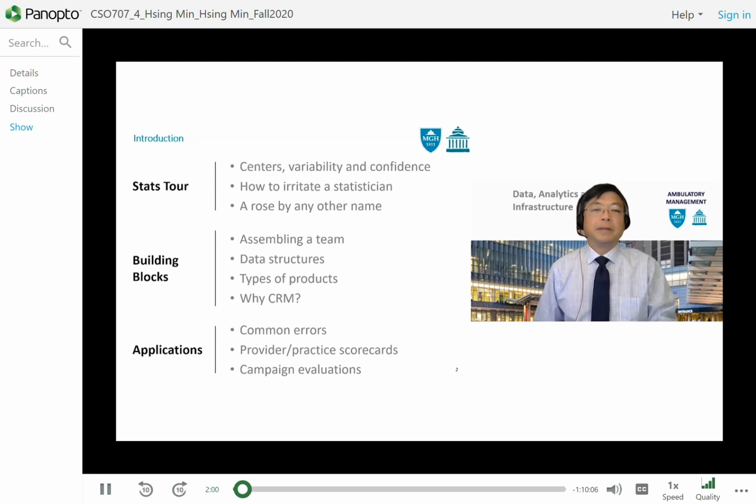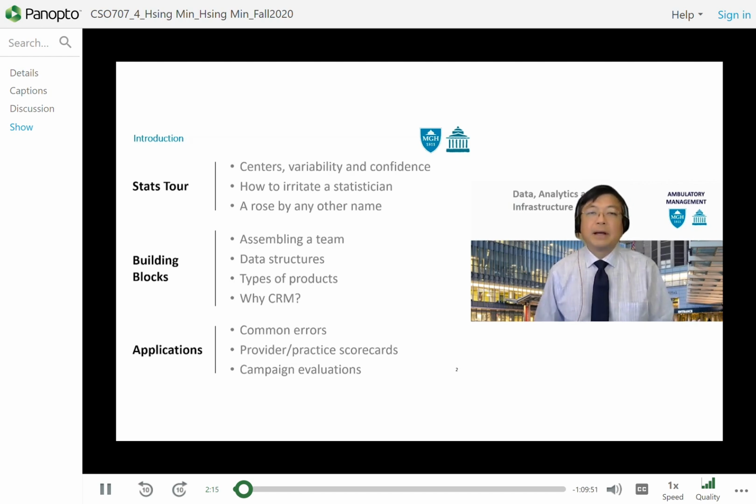But I hope that even people who are not very familiar with statistics will get at least a foundational view of some of the key concepts that I think are useful for somebody doing clinical operations management.